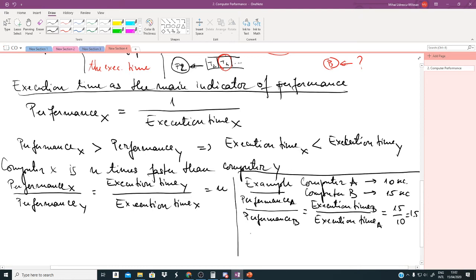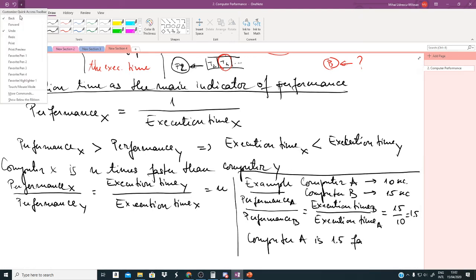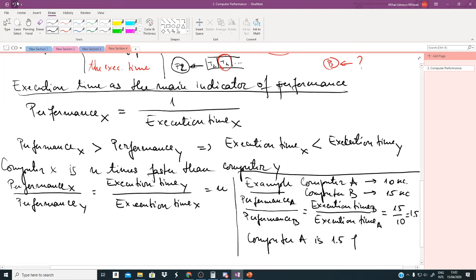So what we say here is that computer A is 1.5 times faster than computer B. Good.